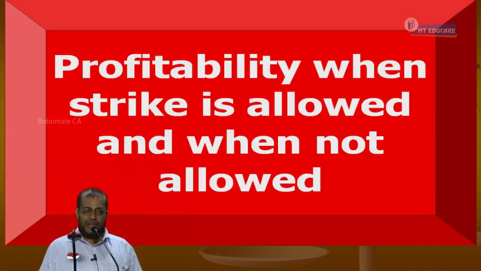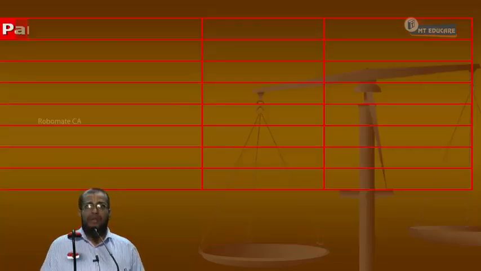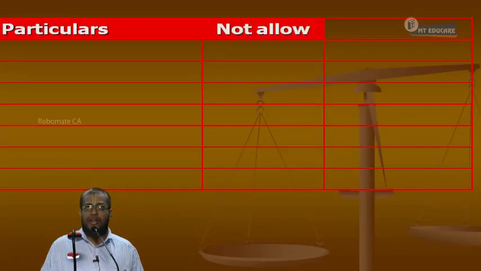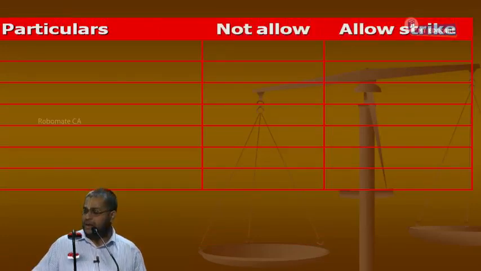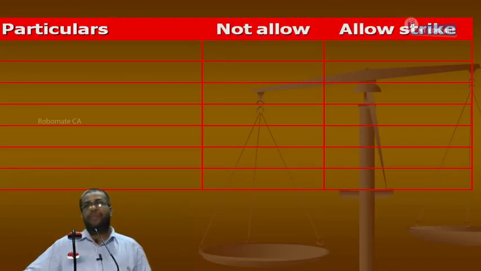Wherever calculations are required, we can do it through working notes also. Everybody, can we start or not? Now, have the following columns: particulars, not allow strike, allow strike.